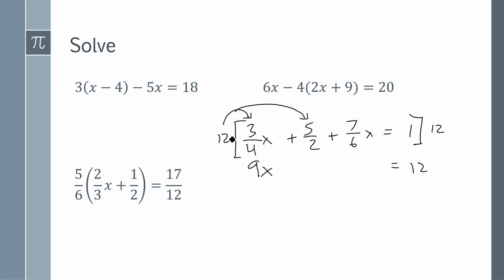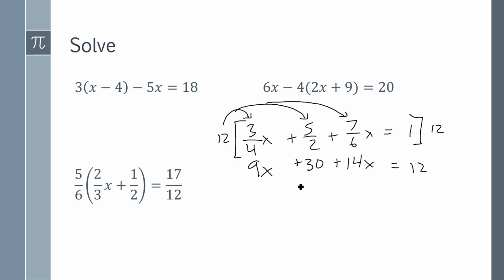Distribute over here. 12 divided by 2 is 6. And 6 times 5 is 30. And then finally right here, 12 divided by 6 is 2. That leaves times 7. So 14x. Now it's so much easier than if I were actually to just deal with all these fractions.